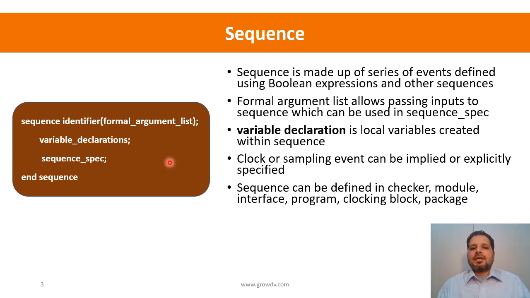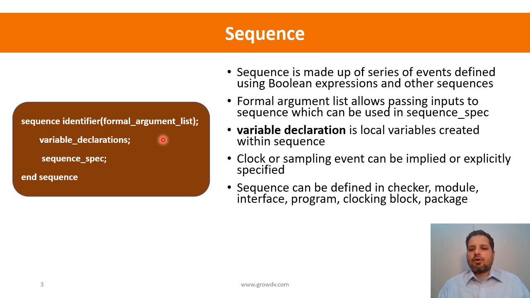And then the clock or a sampling event can be explicitly specified. For example, we had seen property, and within property we were saying at passage of a clock. It need not only be a clock, it can be any signal, but we were typically using the clock. So we can put that within the sequence as well, or it can be implied based on where the sequence gets used.